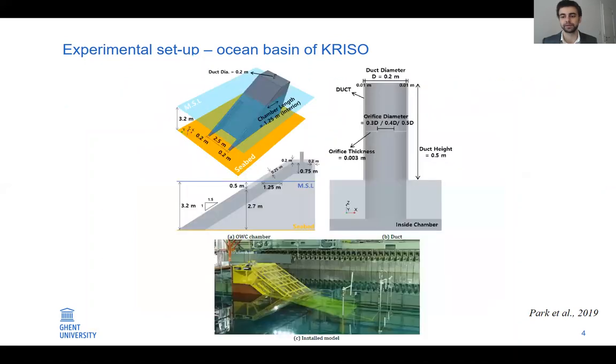An overview of the experimental case is given here, and it's a scale model of the prototype with a scale of 1 to 4. So it's an oscillating water column which is fixed and has a sloped chamber with a small orifice at the top, which causes the PTO system damping, the power takeoff system damping.